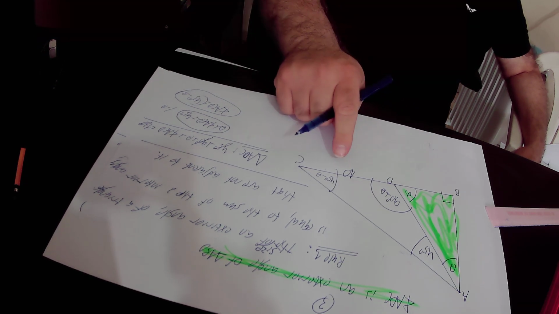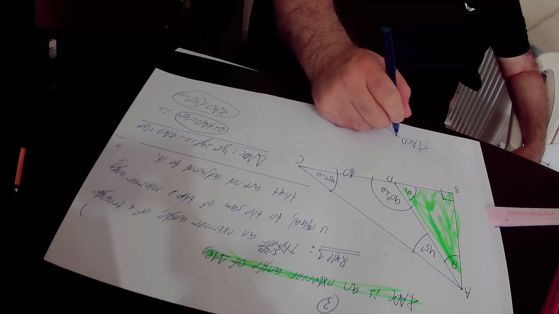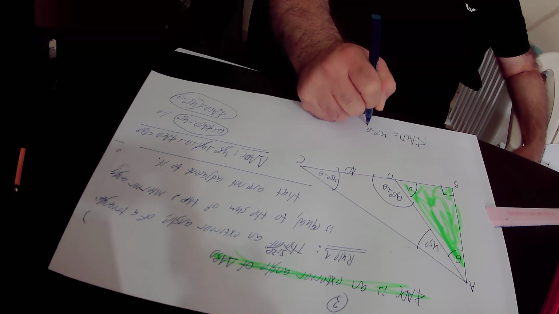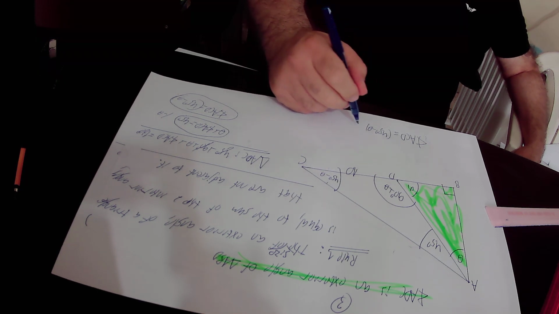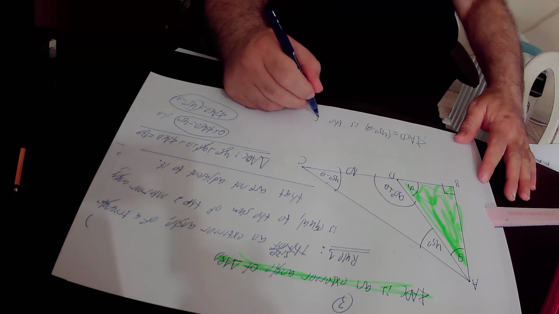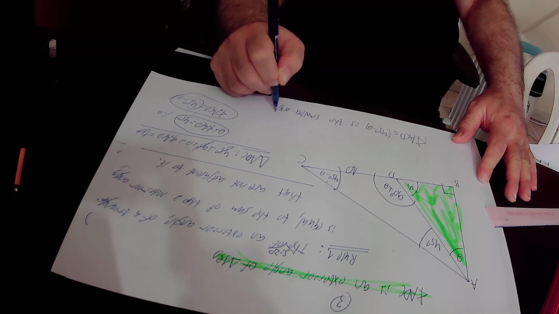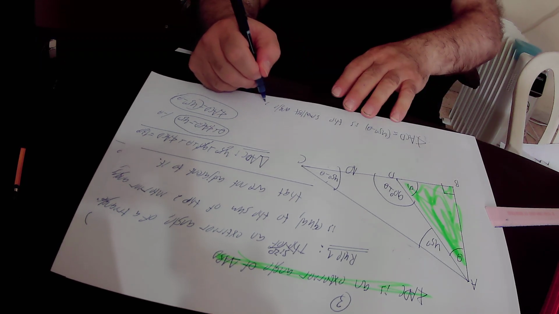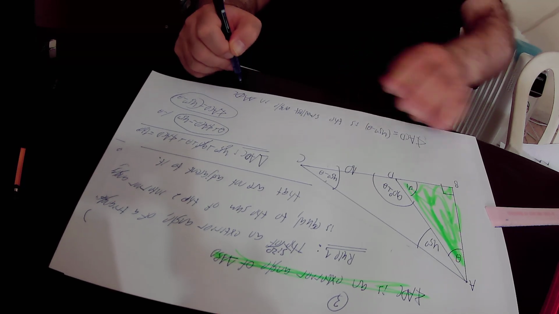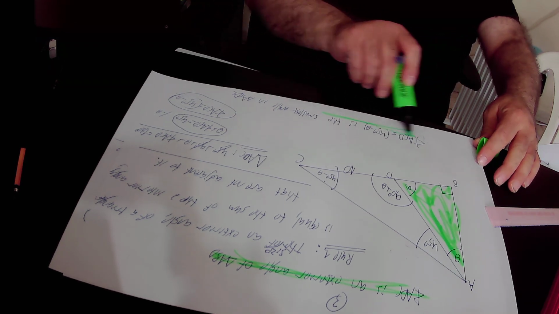So we can find out that angle ACD, that is equal to 45 degrees minus theta, is the smallest angle in triangle ADC. Okay, I'll repeat again. Angle ACD that is equal to 45 degrees minus theta is the smallest angle in triangle ADC.